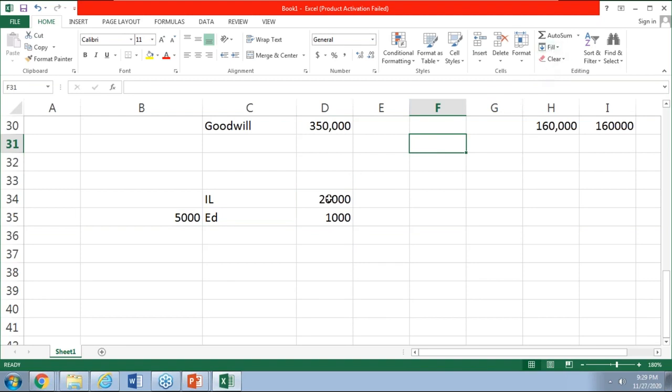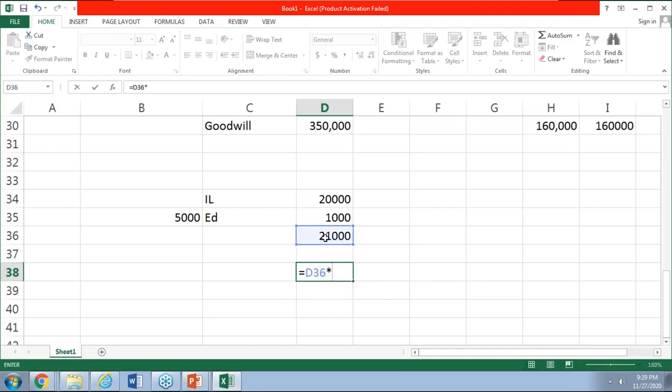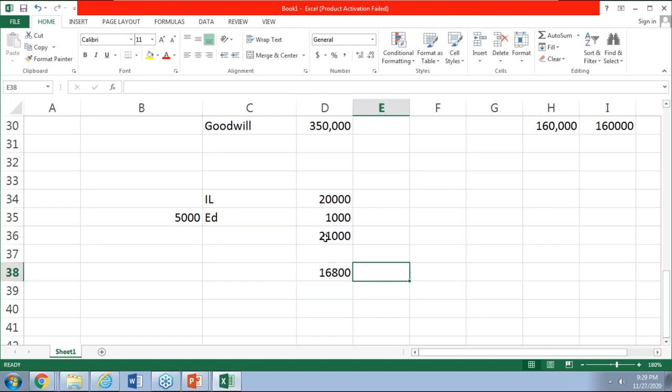But because this adjustment is related to the subsidiary company, its 80% share will go in the retained earnings, and its 20% share will go in the NCI. And the question specifically asks you to identify the amount of the adjustment that you should make in the retained earnings. In the retained earnings, you have to make an adjustment of 16,800.